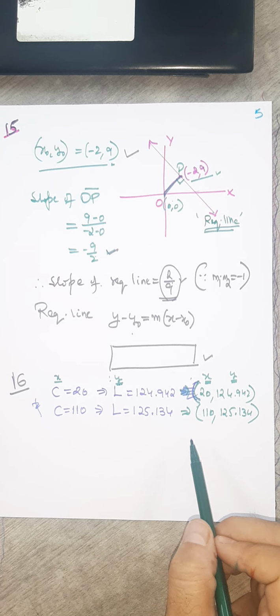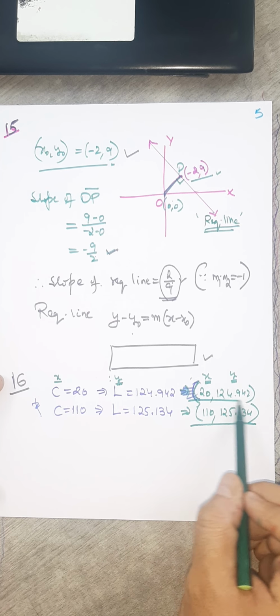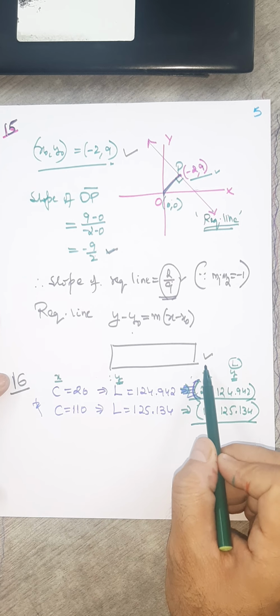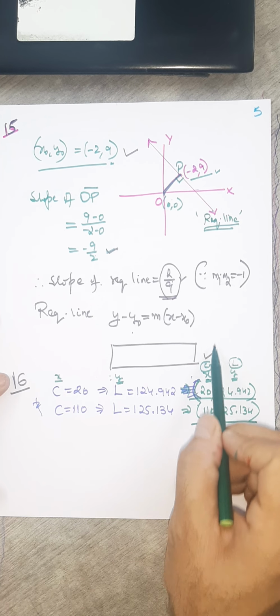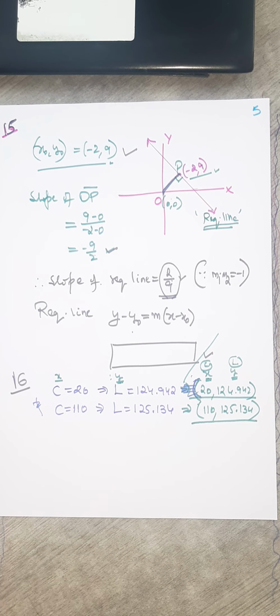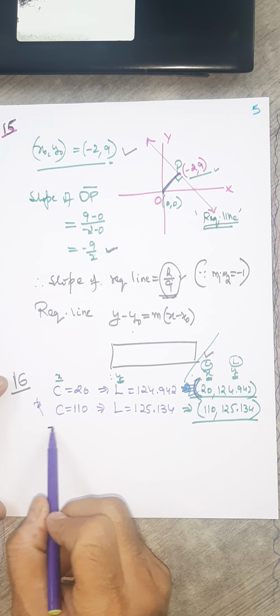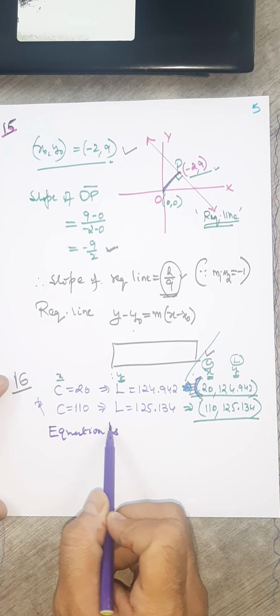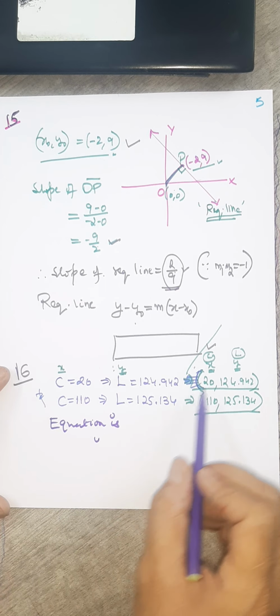Indirectly you are asked to get the linear equation that passes through these 2 points. Here this is L, this is C, like x y. So I'll write the 2-point form.